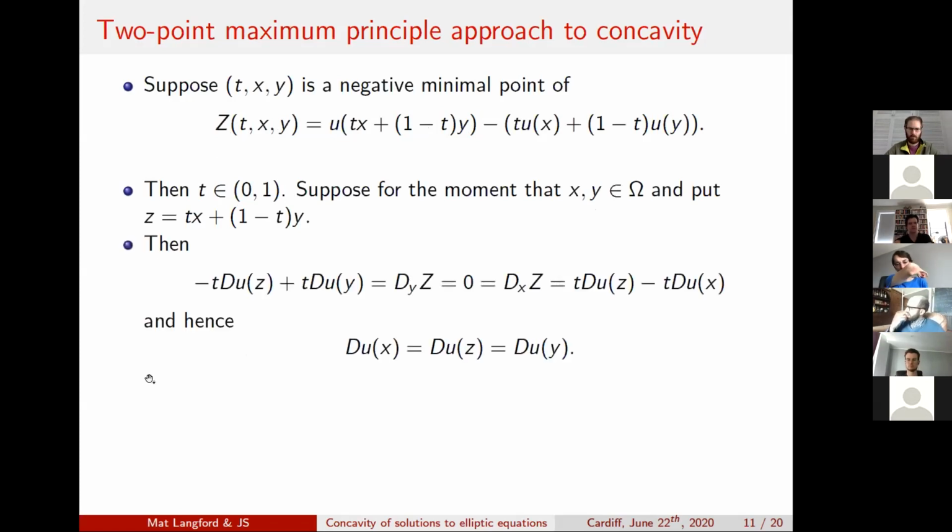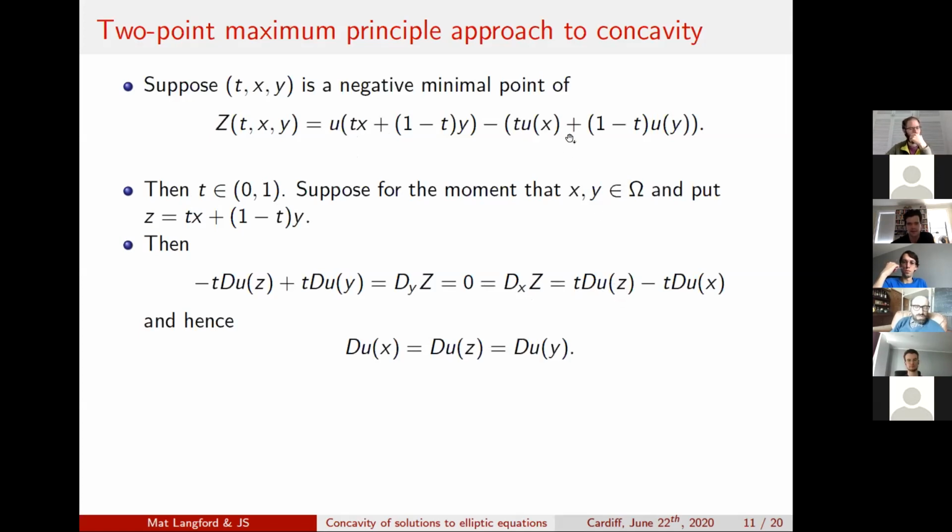And now we can just differentiate one time. So focus on the middle point. Here's a 0, which is the gradient in direction of z, in direction of x, and in direction of y. And now we just evaluate both of these. If you do dxz, you get t from the chain rule. You get the gradient of u applied to the midpoint. We denote the convex combination point by little z.